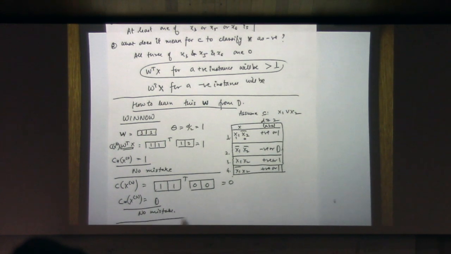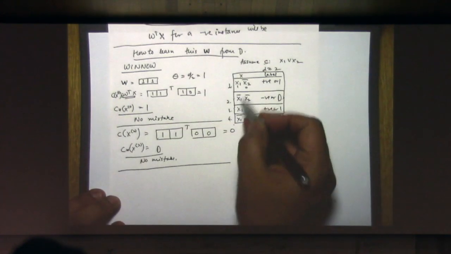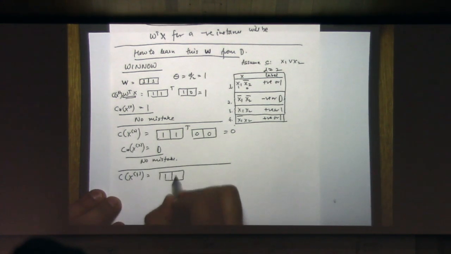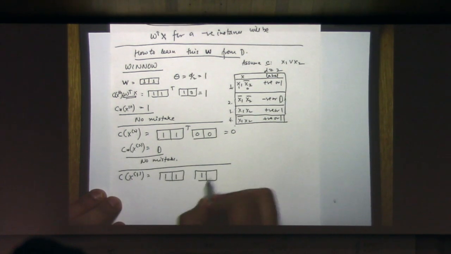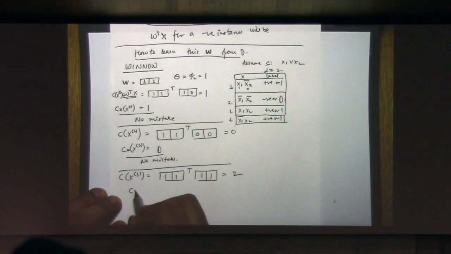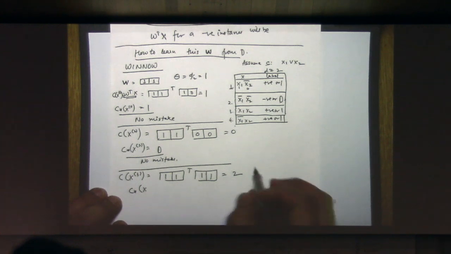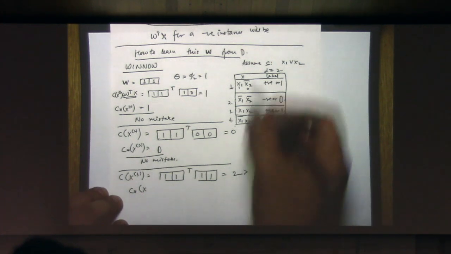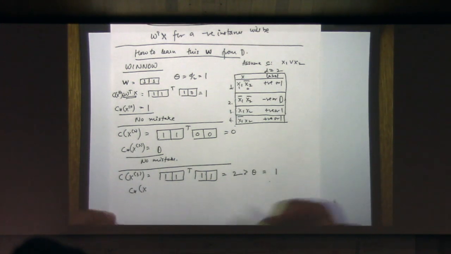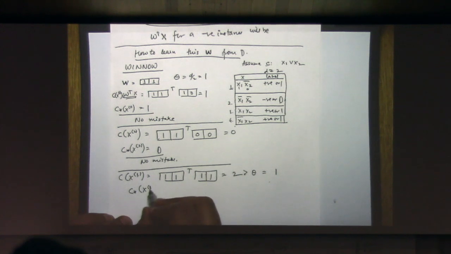So you don't change your W, and then you get the next data point that will be C of x3, and that also will be 2, which is greater than, I'm sorry, there is also a comparison to theta, so that means this is equal to 1, right? It has to be greater than theta. And then C star of x of 3 is also 1, so no mistake.